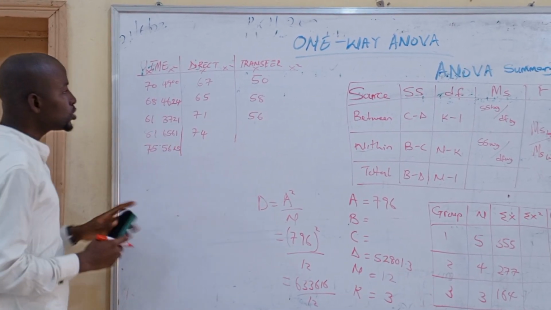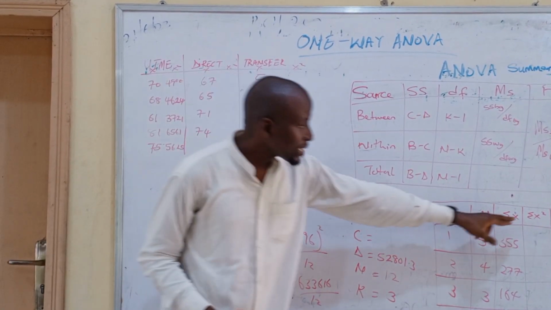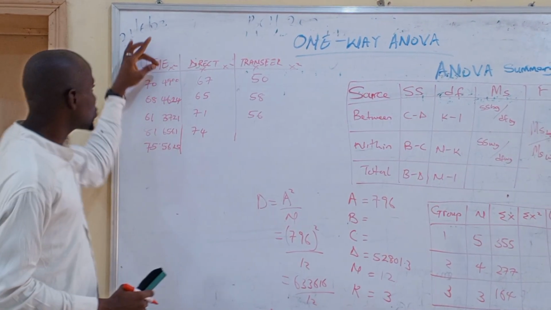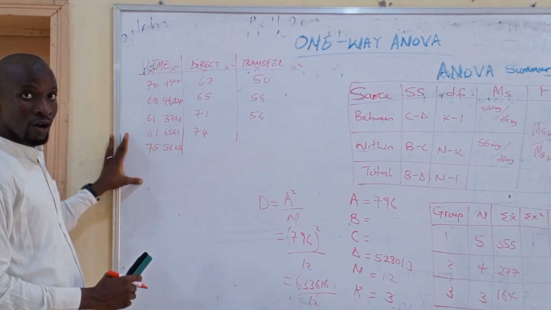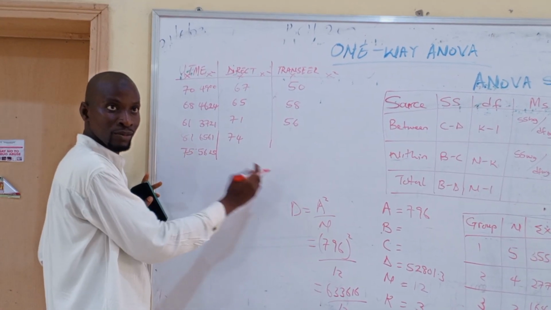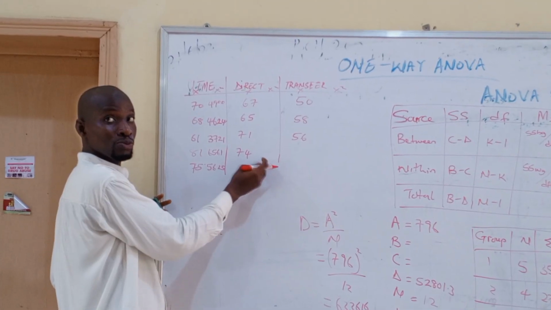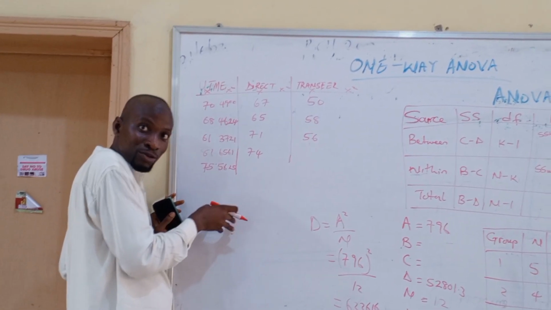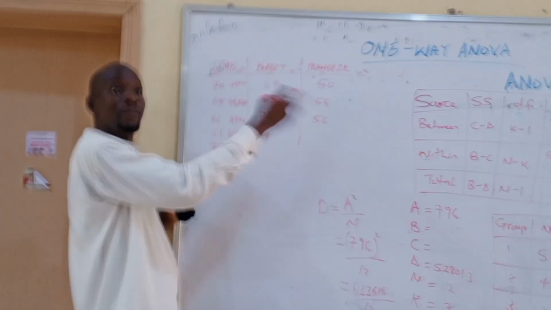And you should recall that this thing is telling us summation x square. It implies that by the time you are able to establish the square of each of these raw values, then you sum it together for each group. Before we go to the other group, like I always say, you have to deal with one and finish it very well before you go to another one, so that you don't come back again.